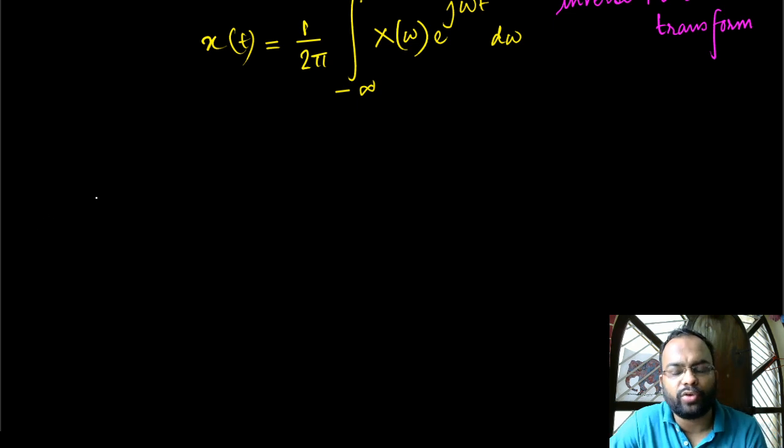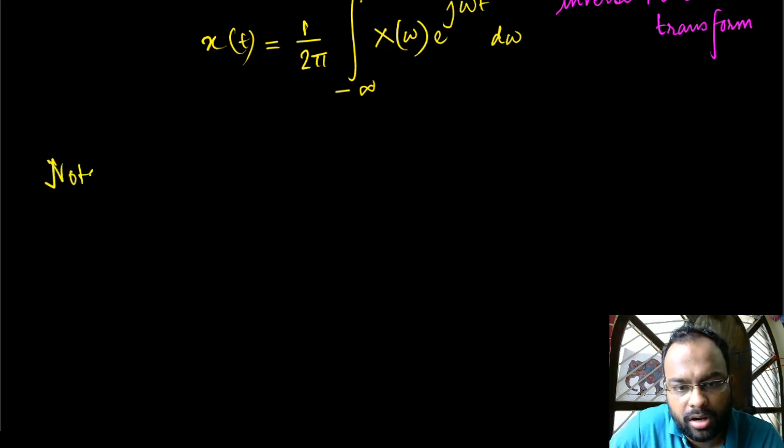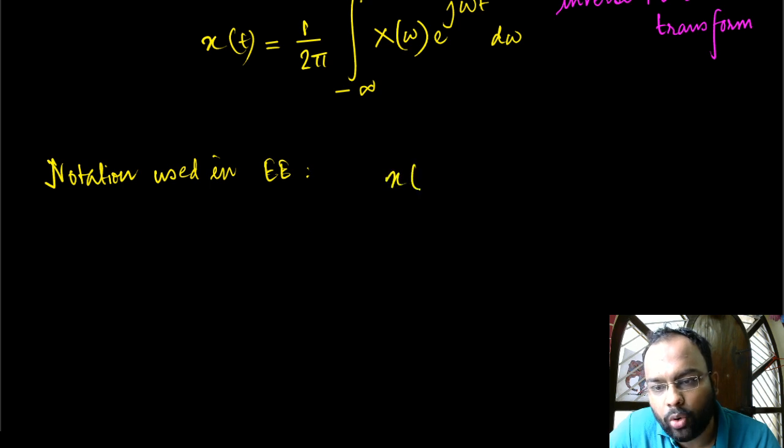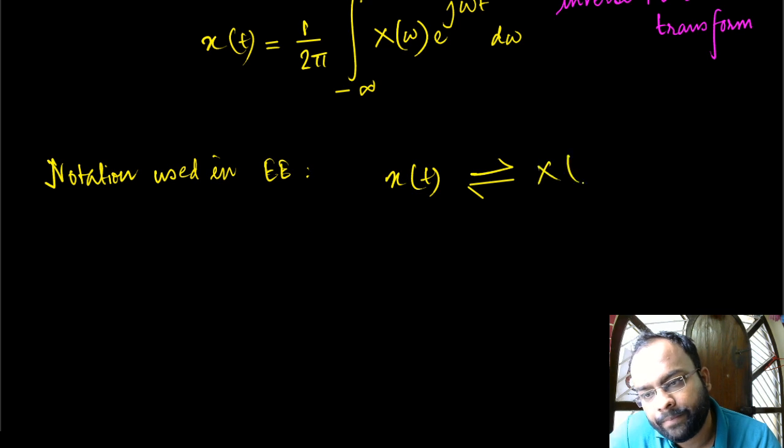And just before I proceed, there is a notation we use often, a particular notation used in electrical engineering. We often use a double-sided arrow in order to represent something like the Fourier transform.